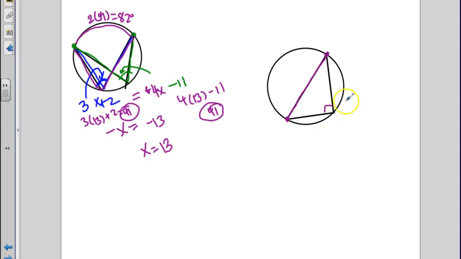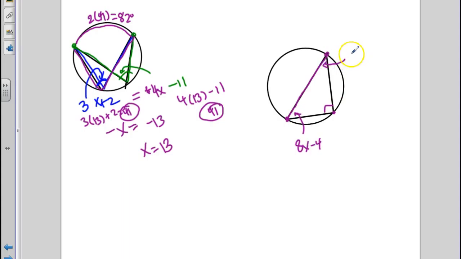Right? So vertex is here, connects the diameter, this is a right angle, which means automatically we should be thinking Pythagorean theorem.